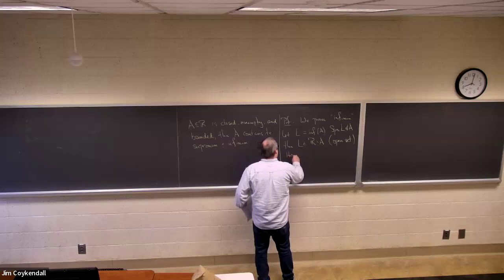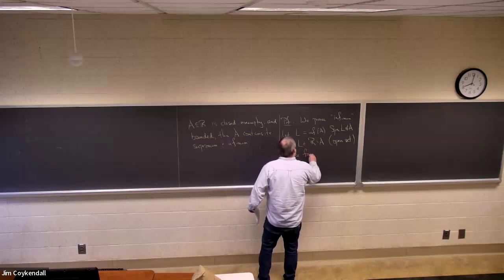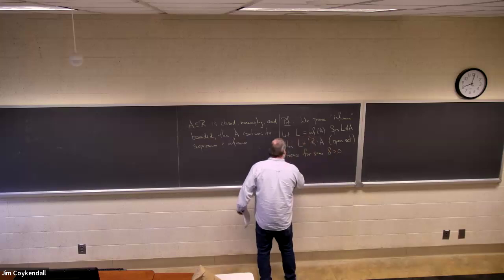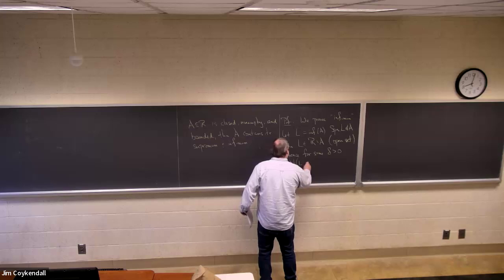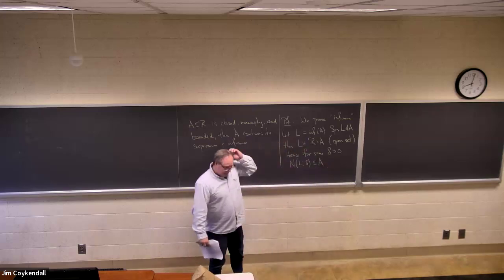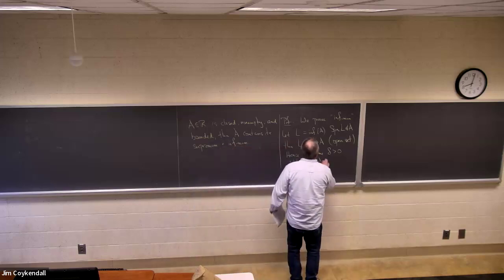Hence, for some delta bigger than zero, the neighborhood about the point L is in, oops, not A, but R minus A.